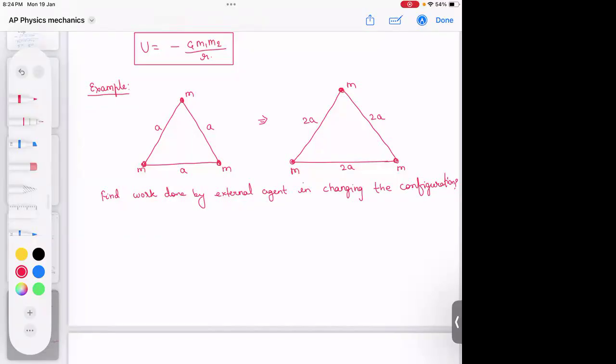It has been pulled slowly apart. Slowly apart means there is no change in kinetic energy happening. So whenever there is no change in kinetic energy, can you tell me what is the work done by external agent then?